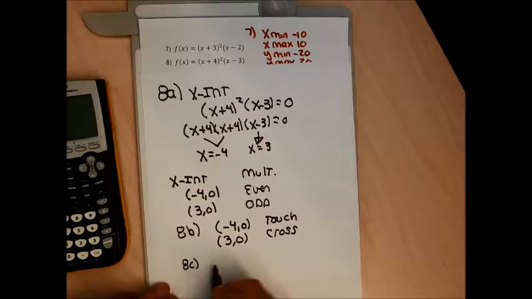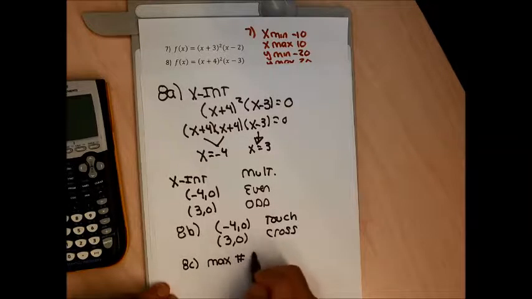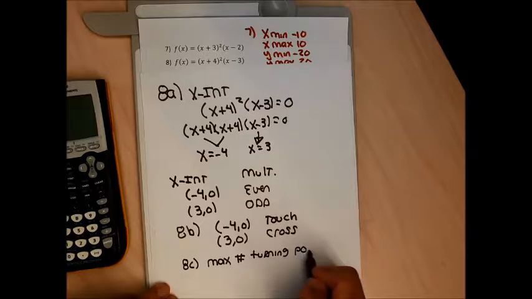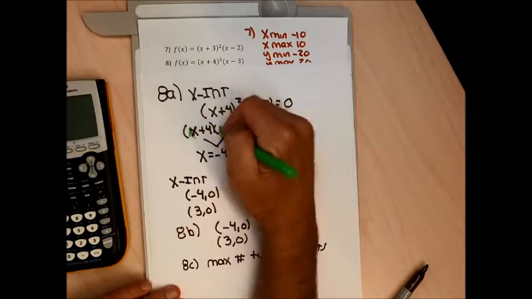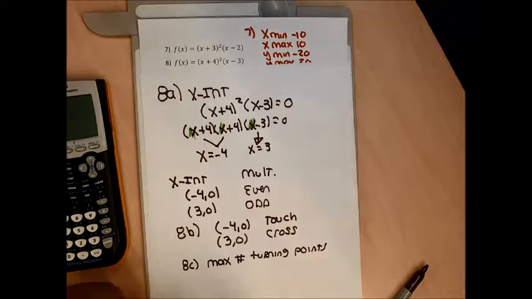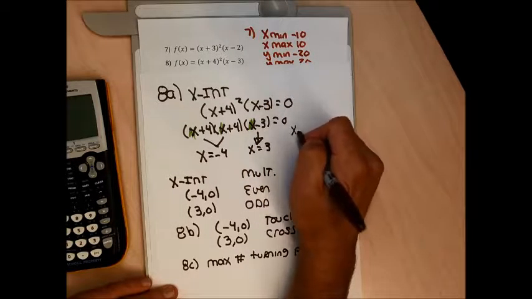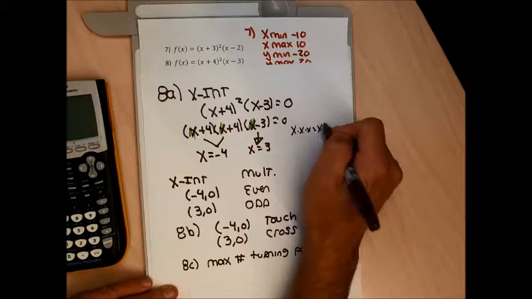8C wants the maximum number of turning points. I do that by just multiplying this x times that x times that x. When you multiply those x's together, you're going to get x times x times x, which is x cubed.